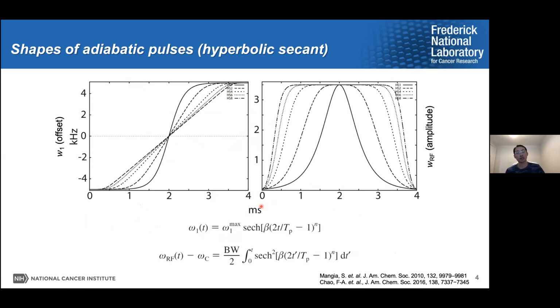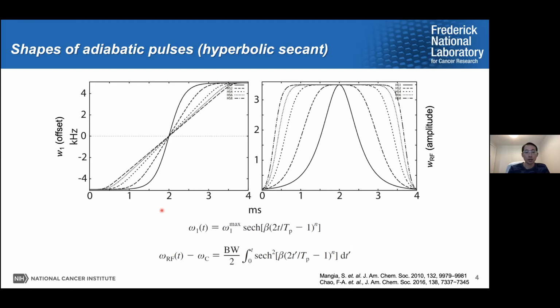So as I said before, this is the shape of the adiabatic pulse we are using. Here is the hyperbolic secant, and if you want to look into the detail, you can look at McGarwood's paper. They have a detailed description of the various adiabatic pulses. We picked the hyperbolic secant because those are the ones we are more familiar with.